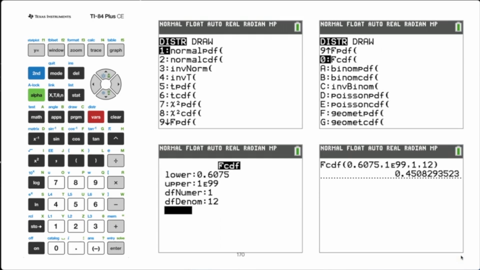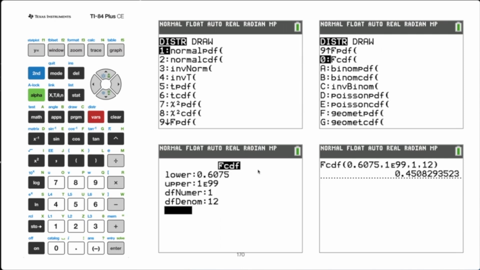One thing I do want to show you though is how I calculated the p-value using the TI-84. Here I've got the TI-84 calculator screen, and if you press the second VARS key to get to the distribution menu, and then scroll down past 9, you'll see that option number 10 is the CDF for the F distribution.